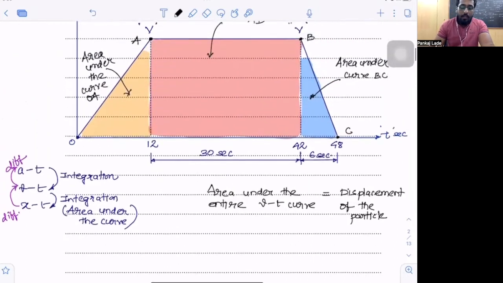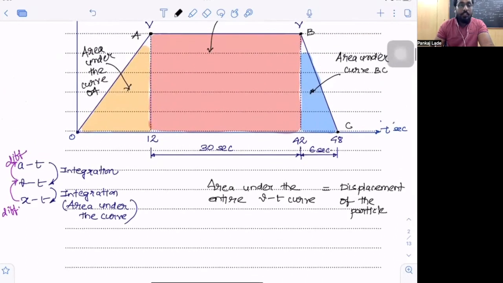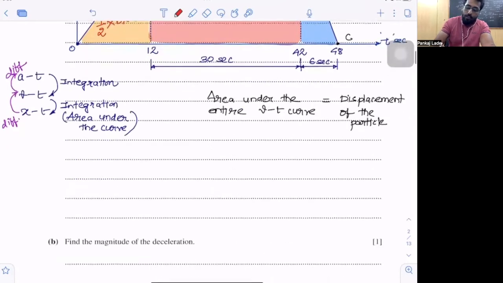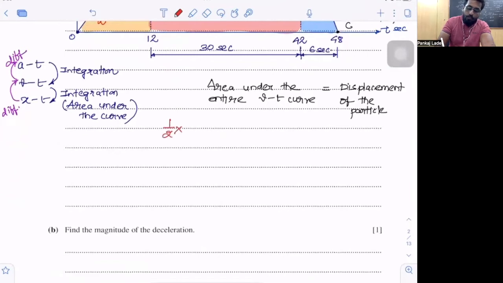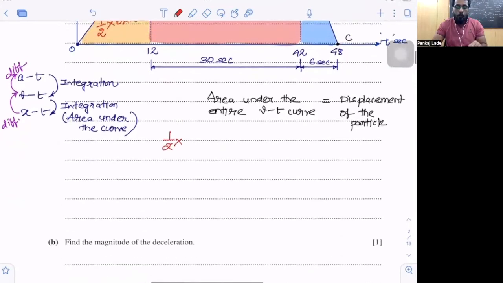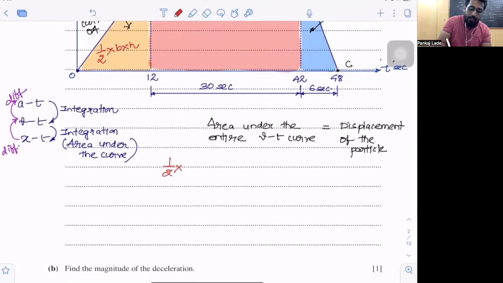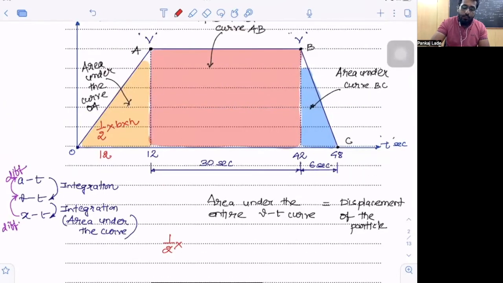So area under the curve OA, that's a triangle. So this area is going to be how much? It's going to be half base into height, right? So I can write over here 1 upon 2. What's the length of the base? So base is 12, right? This is 12, base is 12. And what's the height? The height is V, isn't it?